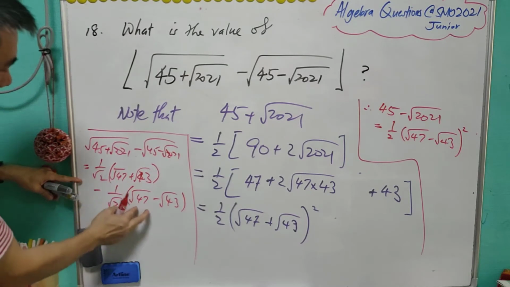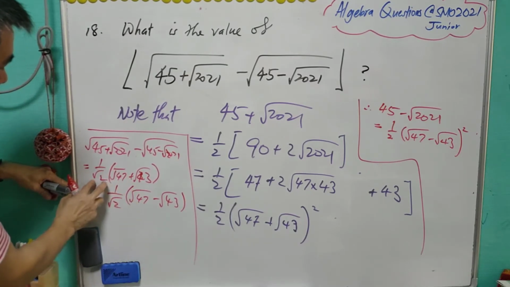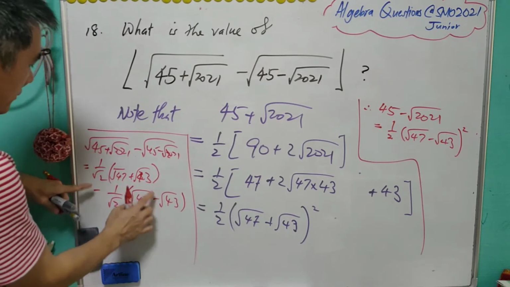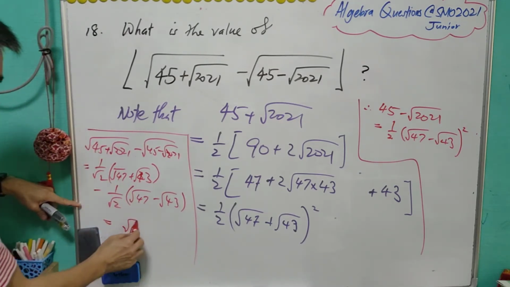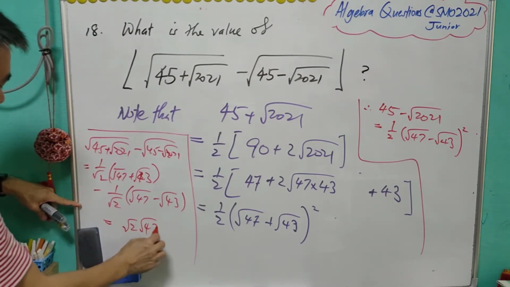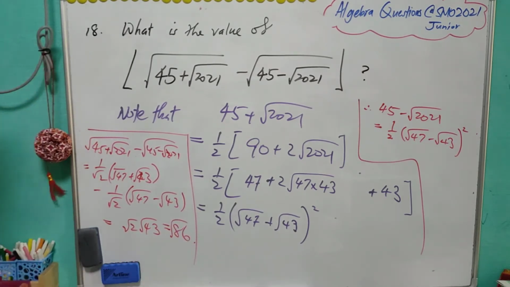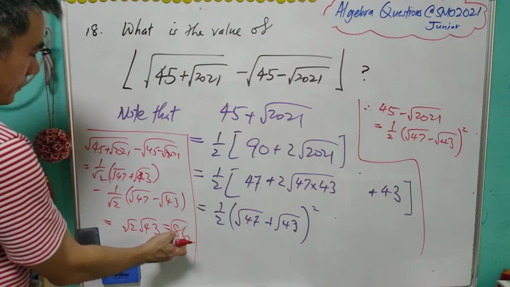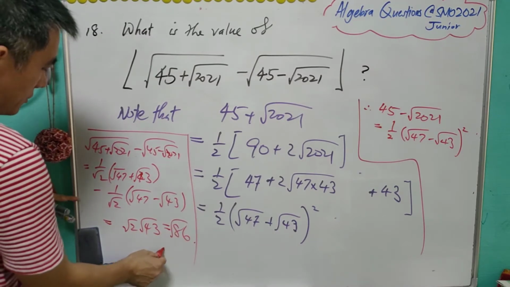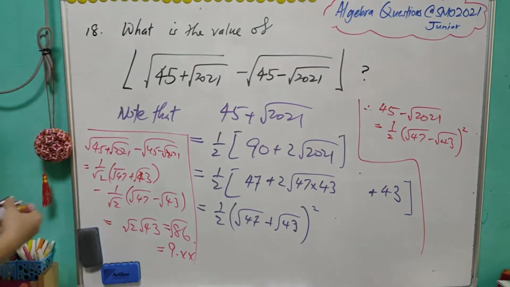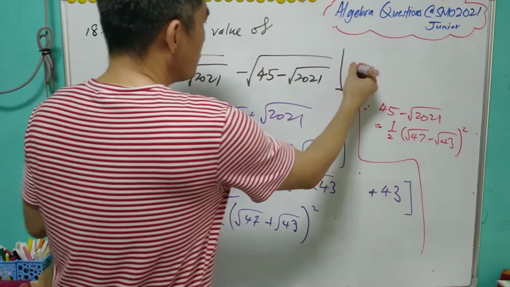So the square root of 47 will be cancelled off, and we have 1 over square root 2 times the square root of 43 plus the same thing, so we have double of it, that is square root of 2 times the square root of 43. That is the square root of 86. This is the answer that we have previously. So this is equal to 9 point something, and therefore, this answer will be equal to 9.